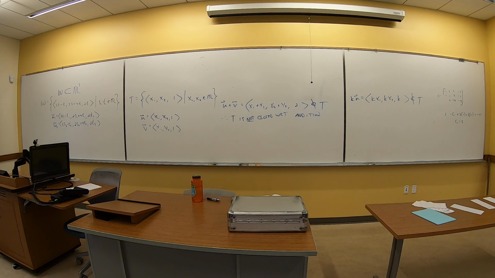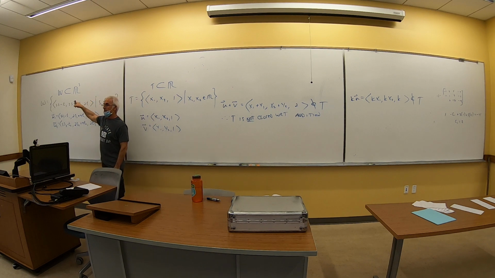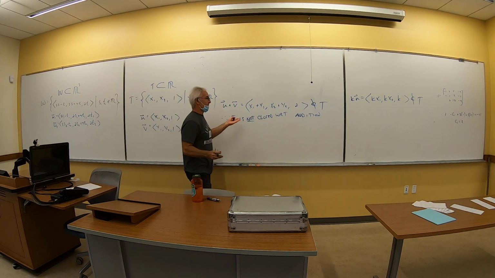Good. That means W is contained in R3. That's what that little symbol means. It means it is contained in, W is contained in R3, which means W is a subset of R3. Is the same thing true for T? Yes. T is contained in R3. Is W all of R3? No. It's a subset of R3. Is T all of R3? Definitely not.